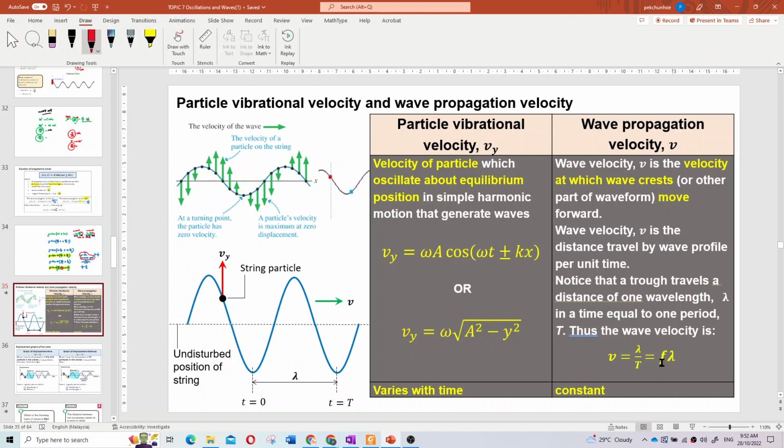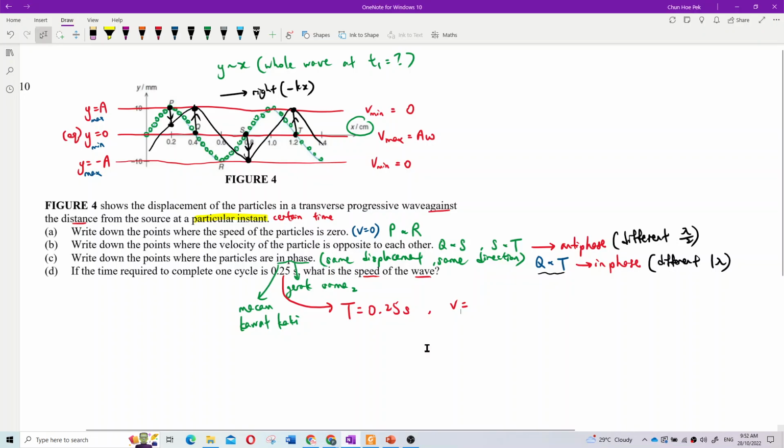V equal to F lambda. So F ialah 1 over period kan. Boleh gantikan 1 over period ke dalam. So lambda ada tak? Mana lambda? Q ke T ialah 1 lambda kan?